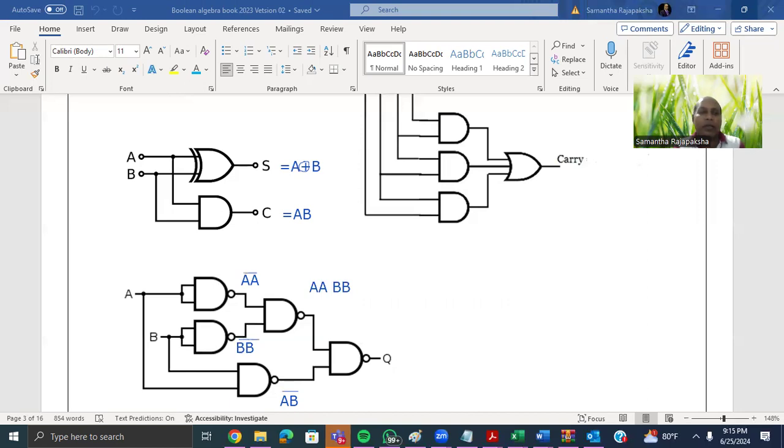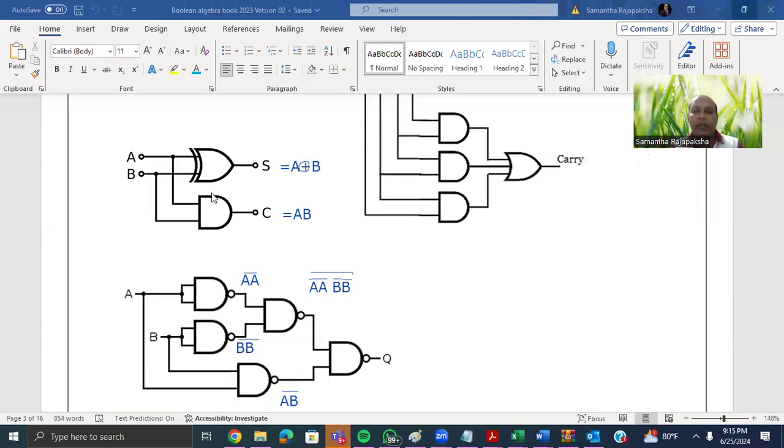So it should be equal to A into A bar and B into B bar, and then this is another NOT gate, therefore bar here. And these two should be multiplied together.